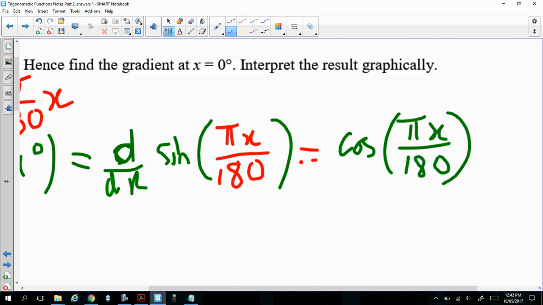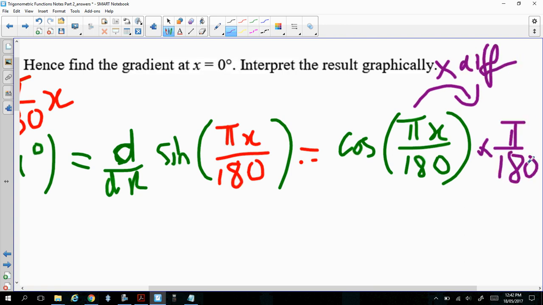We'll also note that this bit here is x degrees, so that can be written as pi over 180 times cos x degrees. That's the derivative of sine x degrees.